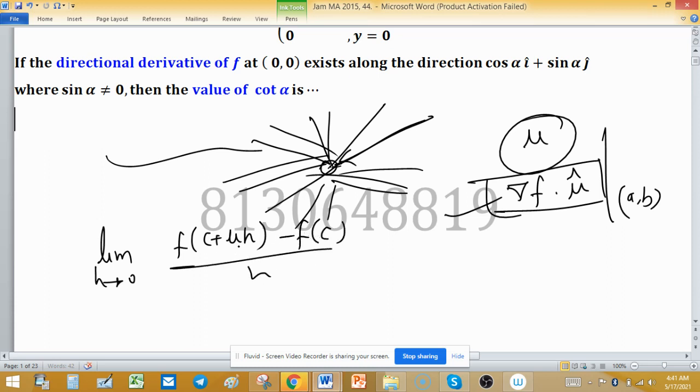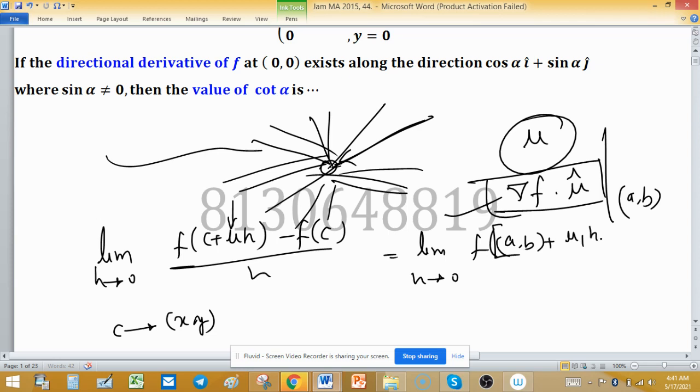Here u is the unit vector. In other words, you can write limit h tends to 0 of f of (a, b) plus h times u, where c is in terms of the xy coordinate system, say (a, b), and the components of u are u1 and u2.